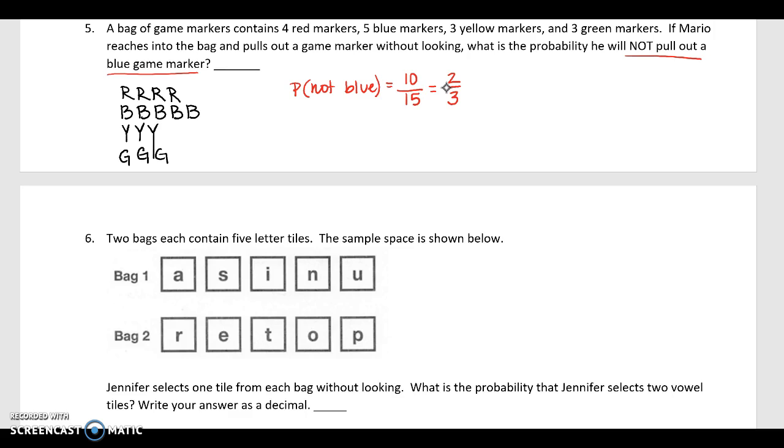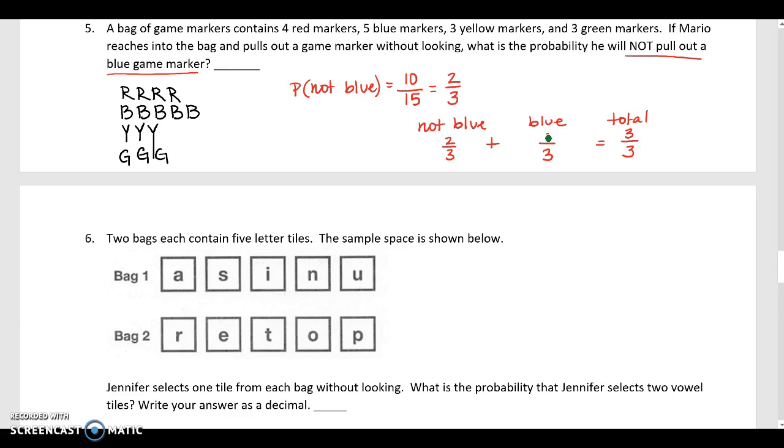So let's go ahead and double check it. If 2 over 3 is the probability of not blue, and then the probability of blue would give us our total, right? So total would be 3 over 3. So how many do you have to add to 2 to get to 3? So 2 plus 1 is 3.